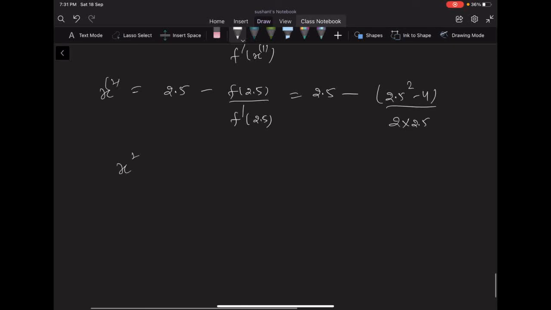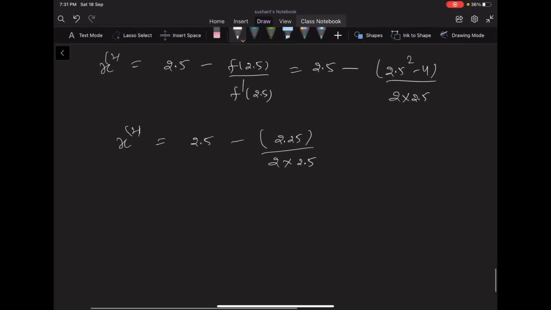Now we will solve it. So 2.5 minus, 2.5 whole square is 6.25, and 6.25 minus 4 is 2.25, upon 2 into 2.5. So by 2.5 we can cancel it as 0.9, and 0.9 divided by 2 is 0.45, and 2.5 minus 0.45 is 2.05.